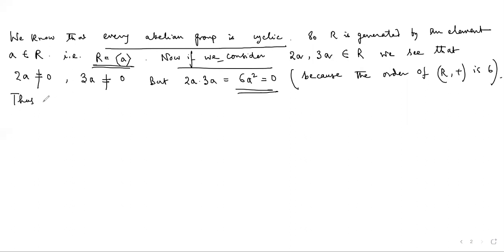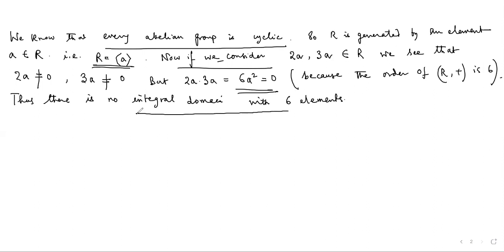Thus, there is no integral domain with 6 elements. Why? Because we know that those rings are called integral domains which have no zero divisors.